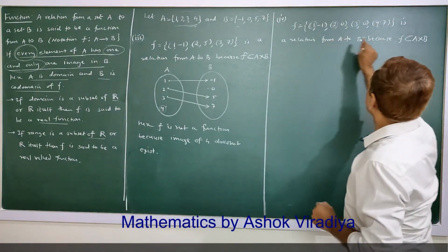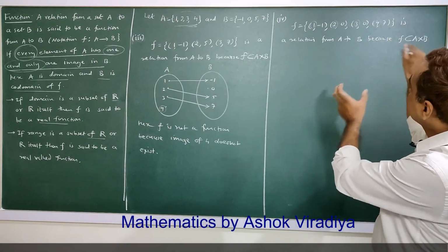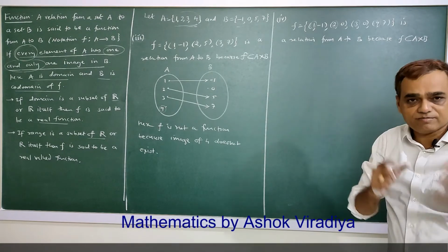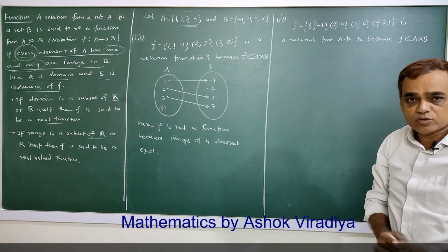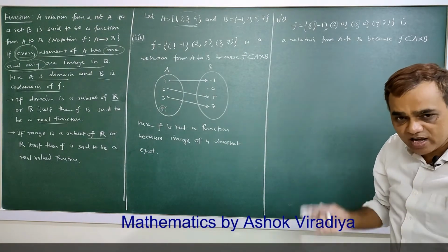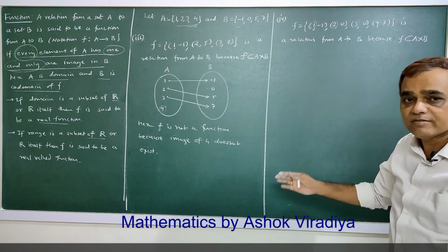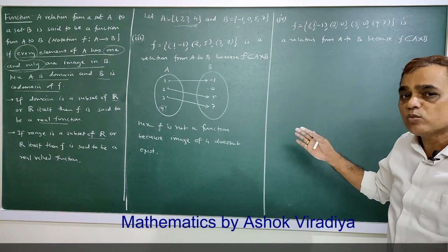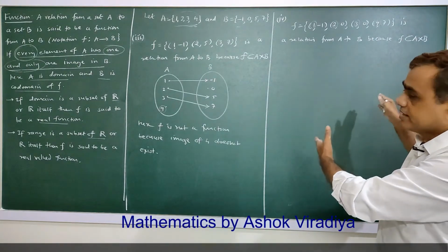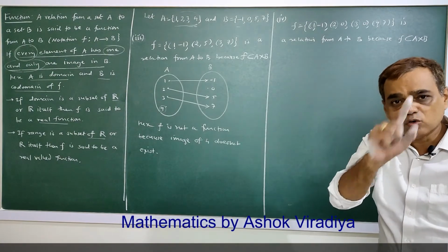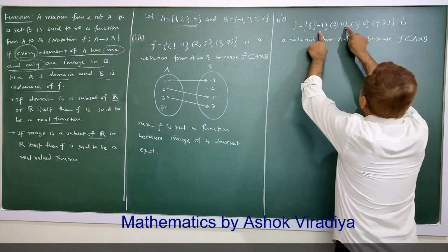So no repetition. Every element is visible in first place without repetition. So this is a function. So that's enough. Without a diagram, directly you can say whether it is a function or not. Check only first place. No need to check what is in second place.